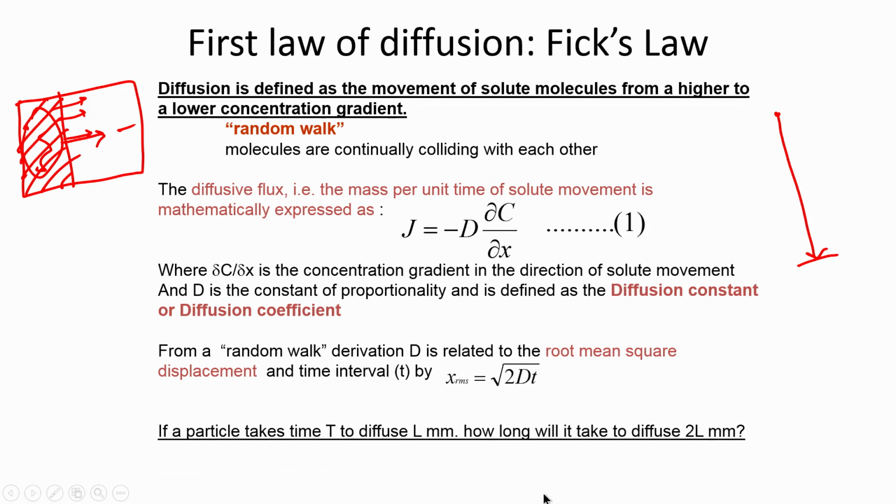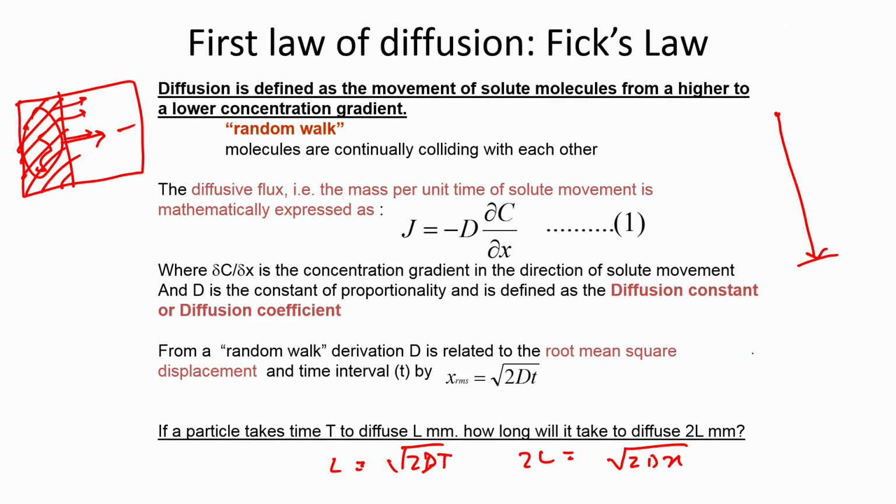So, if I ask you that if a particle takes time t to diffuse a distance L millimeter, how long will it take to diffuse 2L millimeter? You can use the above defined equation to answer that. So, earlier I am saying that L is equal to root 2Dt, in this case the t is capital T. Then what will be 2L, how much time will it take for 2L? So, the time taken will be what? Let us say for 2L the time taken is x, so 2L is equal to root 2Dx.